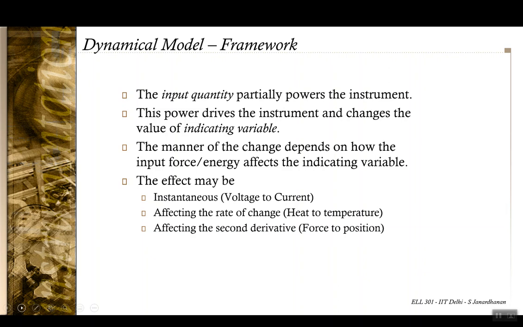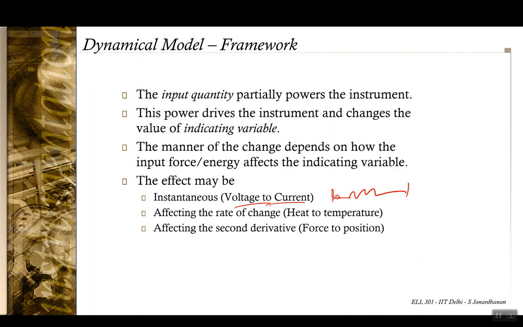So this effect may be an instantaneous effect, like the relationship between the voltage and the current across a resistor. As the voltage across the resistance changes, the current through the resistor also changes instantaneously. So that is one level.